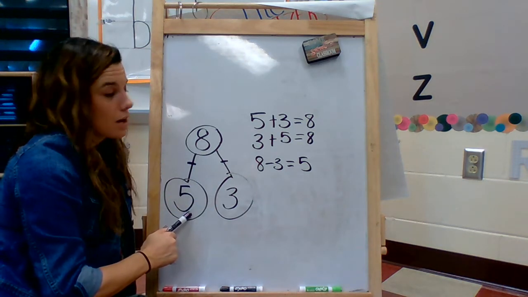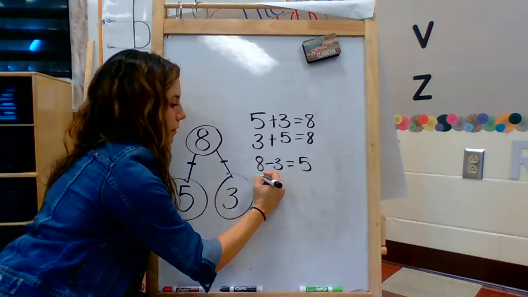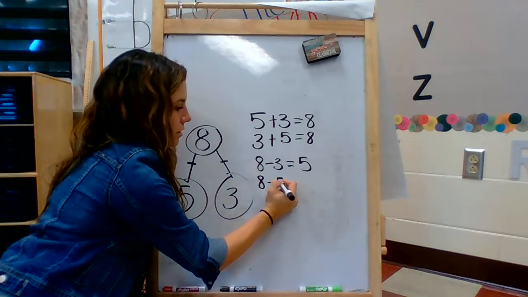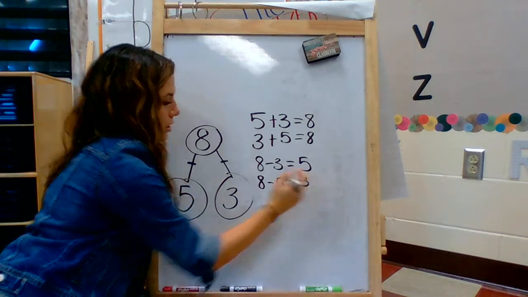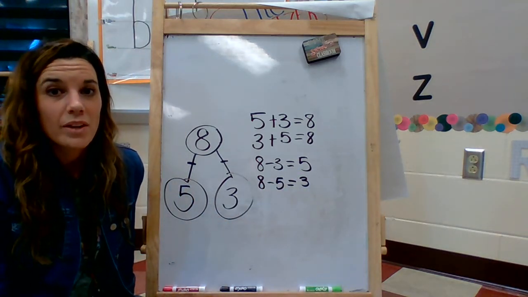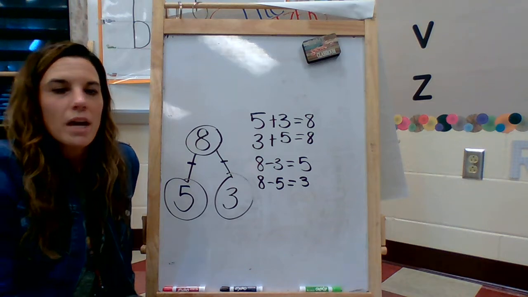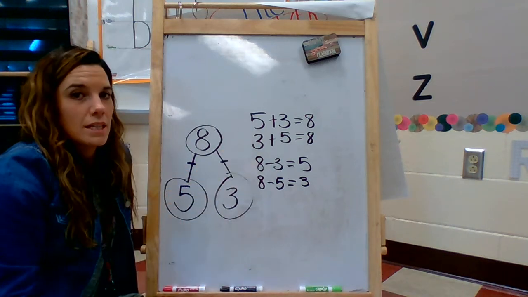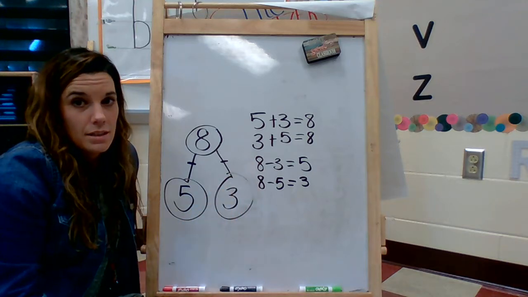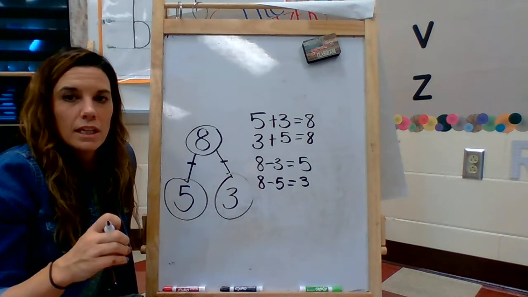Or we could say 8 minus 5 equals 3. Right? Okay, so we can use our number bonds to make 2 addition sentences and 2 subtraction sentences. Remember, subtraction is just taking away.